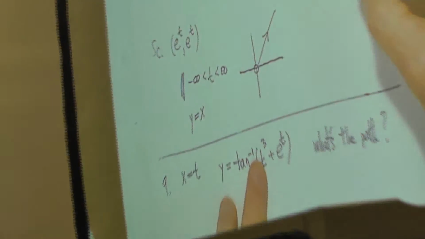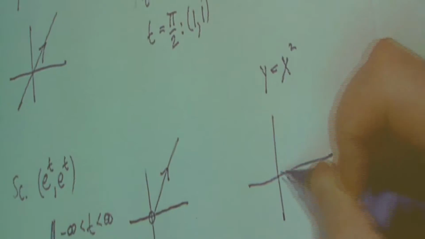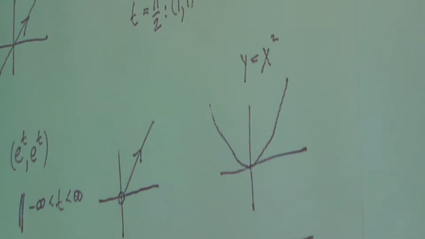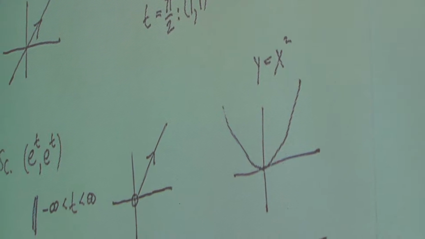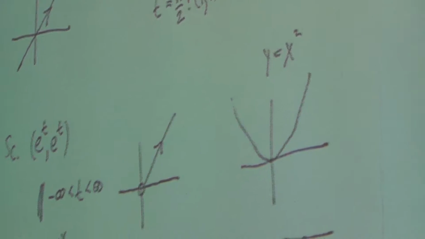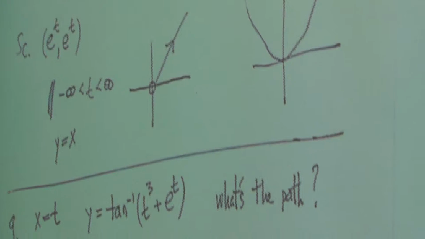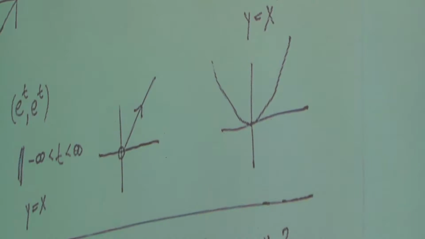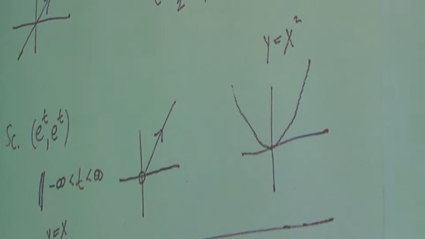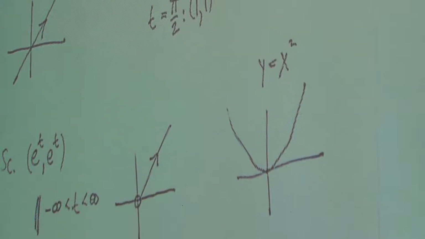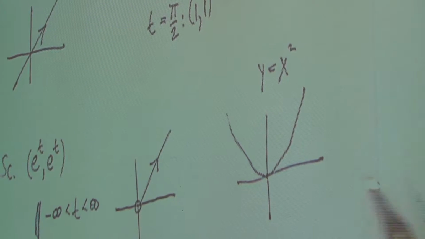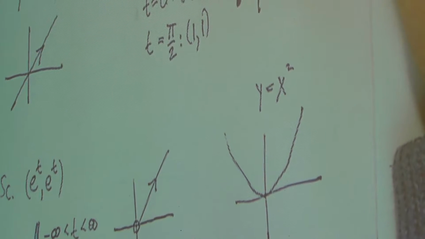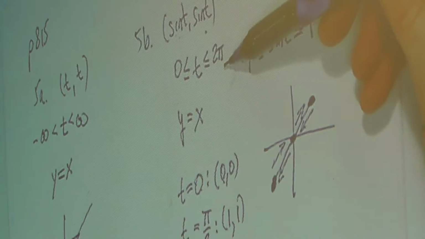When I write y equals x squared, it's like I'm looking at a map and seeing a trail in the Smokies. It's like a path. But it's not telling me where I'm beginning and where I am at each point along the way. When I do a parametrized curve, I'm doing just that.